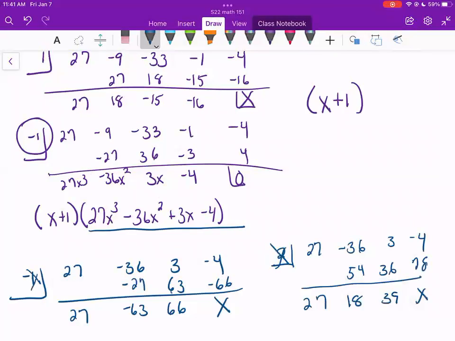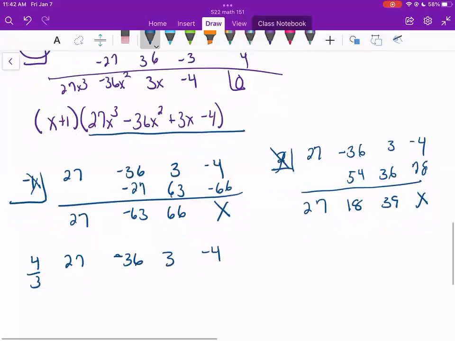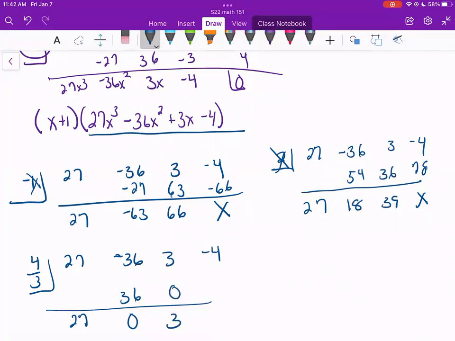I keep going down my list and it is tedious. I'm going to check 4/3. I get 27, -36, 3, and -4. When I substitute that in, I end up with 36, which is 0, which is 3, and I end up with 4 here, which is 0.